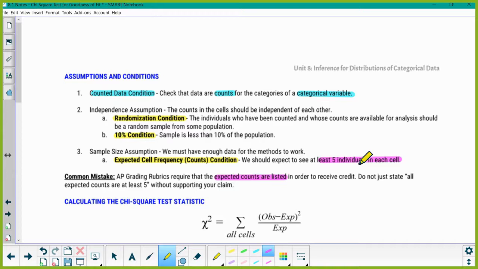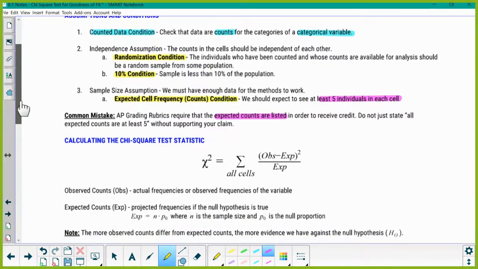Otherwise, they do not give you credit for this condition. It has to be listed, which is what we'll do in our general run through of the test, but make sure that you do not forget it. Oftentimes, I get a lot of students who still just write all expected counts are greater than or equal to 5. Great. Where are they? Where are the counts? You have to support your claim. Otherwise, you do not get credit for that condition.